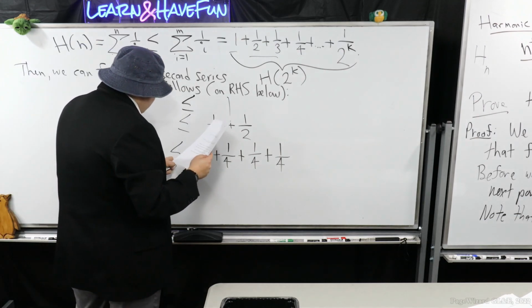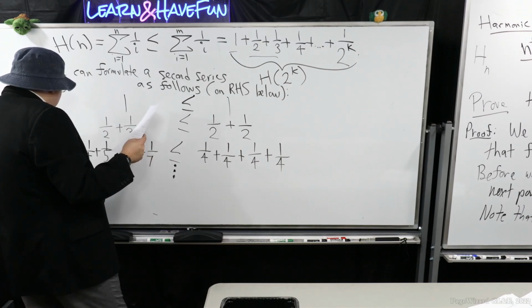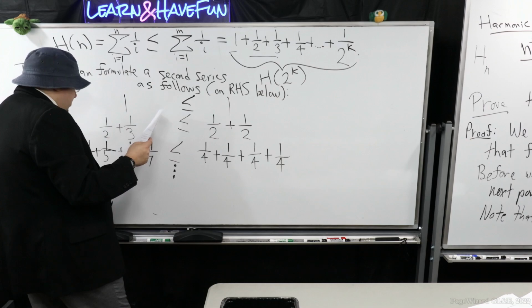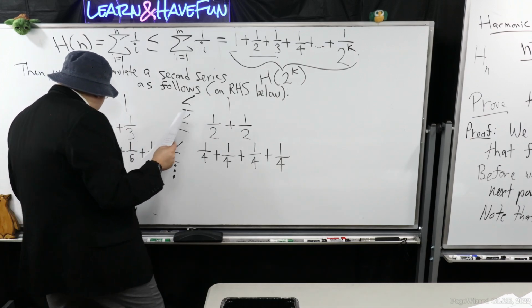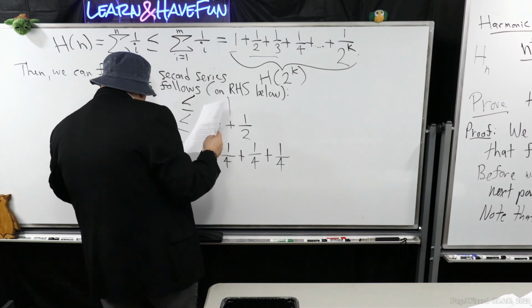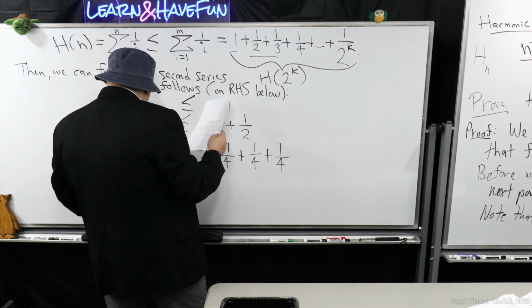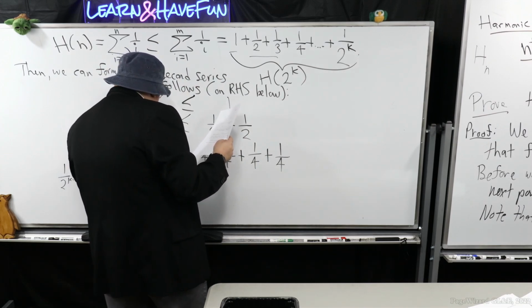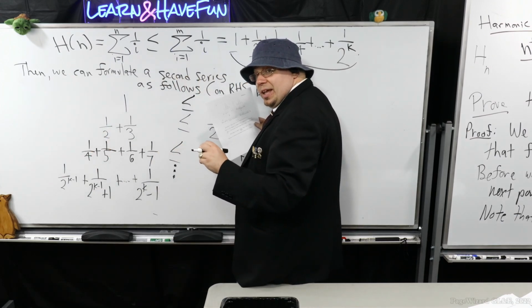So you can keep writing this out, and you'll end up with 1/2 to the power of k minus 1, plus 1/2 to the k, with 2 to the k minus 1, plus 1. But that plus 1 is not part of the exponent here. I'm just giving you a general form for this. Plus 2 to the power of k minus 1. Notice it always goes up to, but not to, the next power of 2 on the left-hand side.